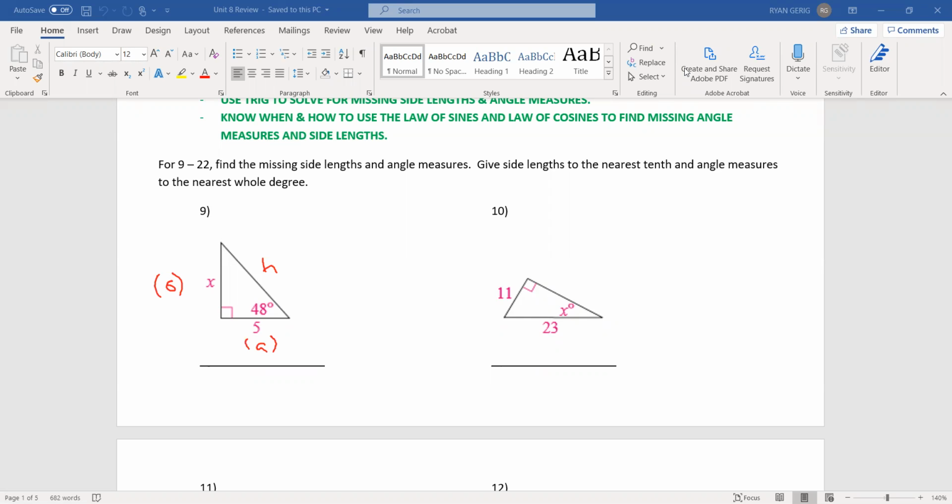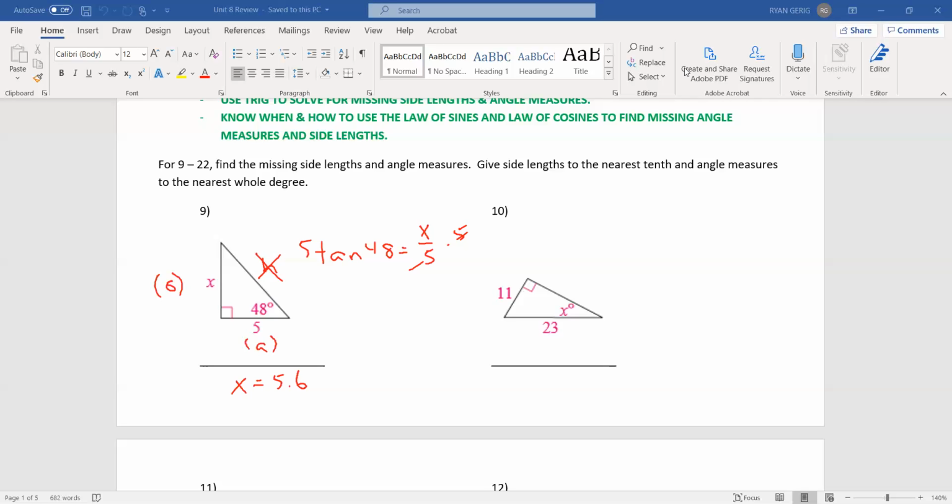So I'm not going to be using the hypotenuse, so O and A is tangent. The tangent of 48 degrees equals x over 5. Multiply both sides by 5. Go to the calculator, 5 tangent 48. You should get 5.55, which is 5.6, side length to the nearest tenth, yep. So x is 5.6.